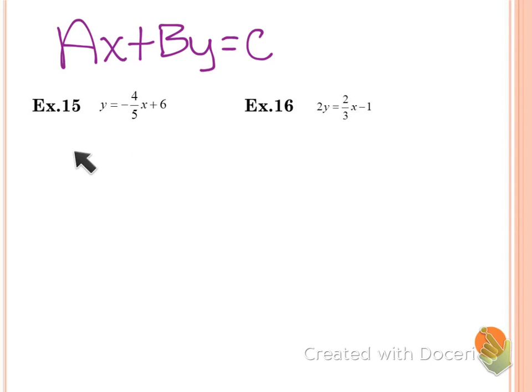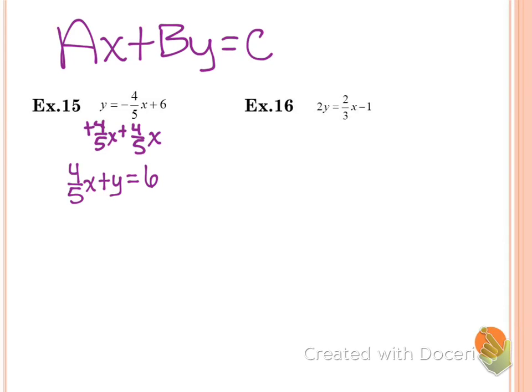We want to move the x over, so we're going to add the 4/5 x to both sides. When I add it to the left, the sign on both the x term and the y, they're both positive, so I can just write it as 4/5 x plus y. What do I still have on this side? A 6.